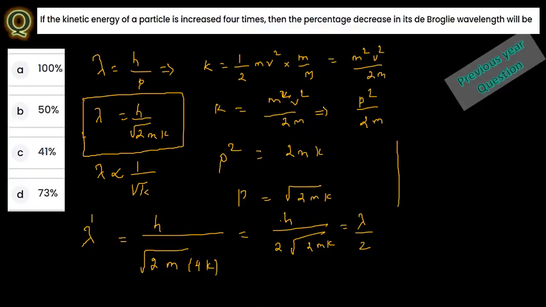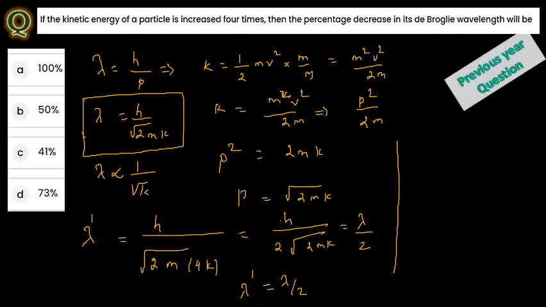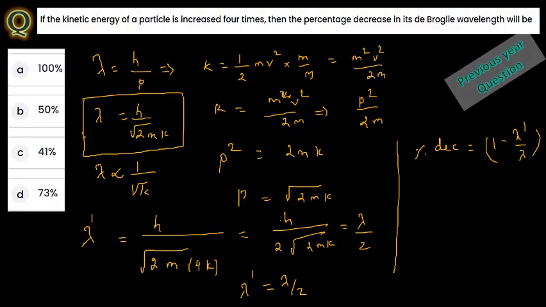From here we understand the relationship between changing kinetic energy and wavelength: the wavelength has been reduced to half. Half means 50 percent. How do we show this? Percentage decrease is 1 minus lambda dash divided by lambda, into 100 percent.